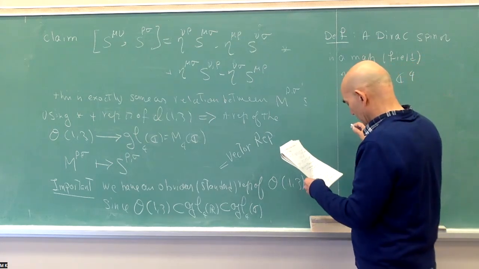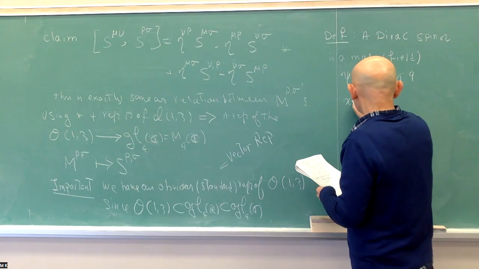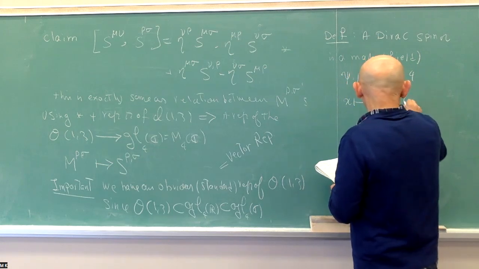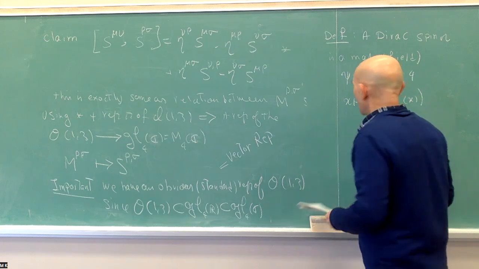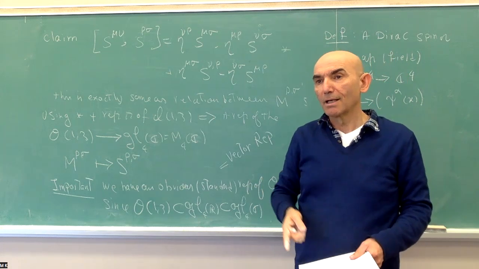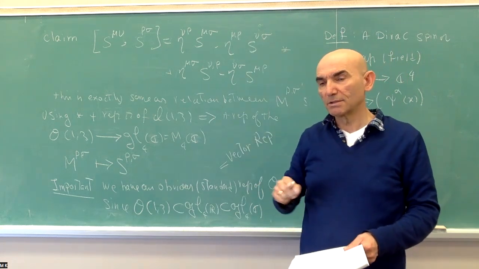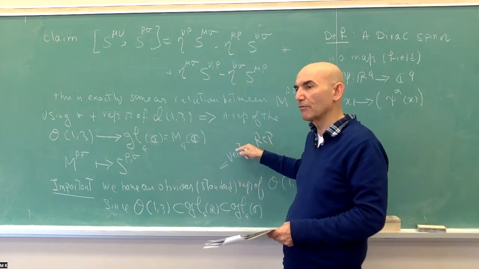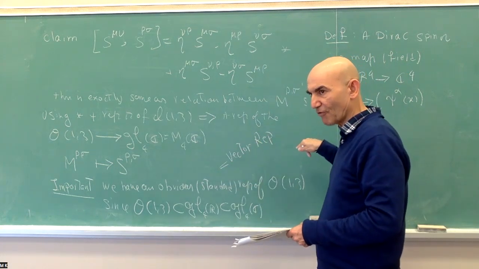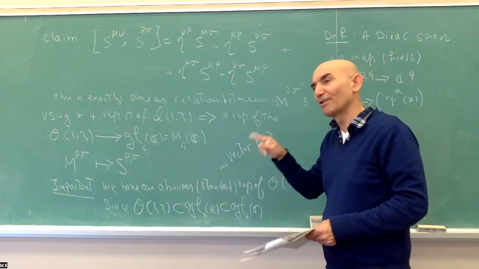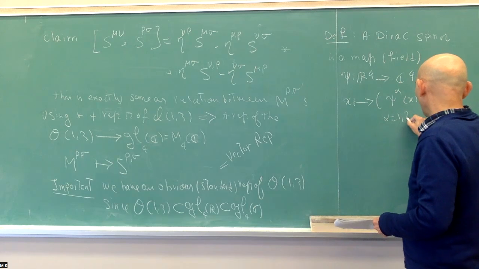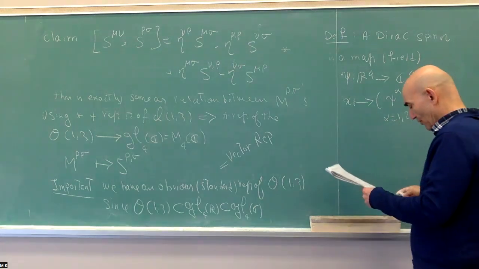So we just write x to psi alpha of x. Now, this alpha is a different indexing. We are using an index in the fiber now. This 0, 1, 2, 3 is indexing the space-time index, but this is an index in the fiber, which goes from 1, 2, 3, 4. Alpha equal to 1, 2, 3, 4.